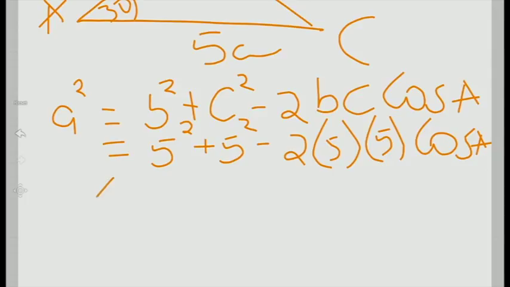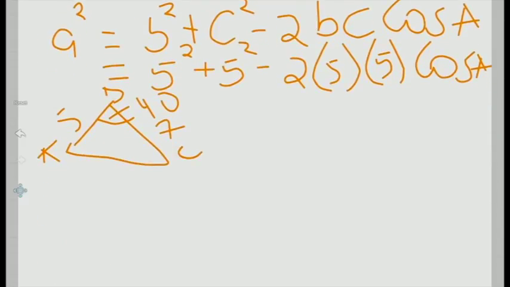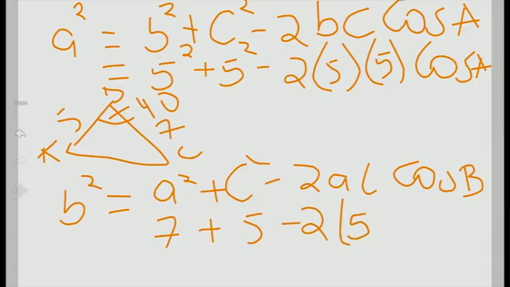Another example would be a triangle where you are given that this is 40 degrees, this is 5, this is 7 centimeters, this is A, B, C. So we are looking for side B, which means B squared is equal to A squared plus C squared minus 2AC cos B. Substituting these values, side A is 7, side C is 5, minus 2 times 5 times 7, multiplying the cosine of B, which is 40 degrees.